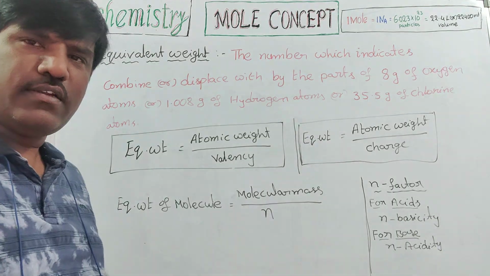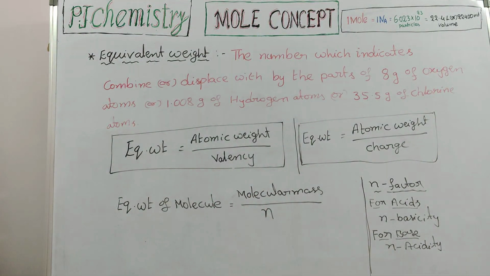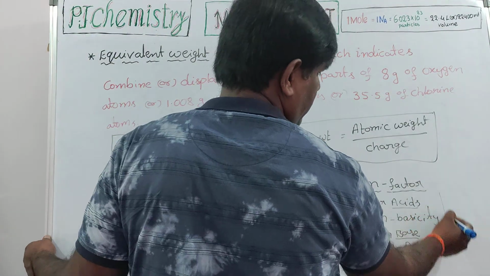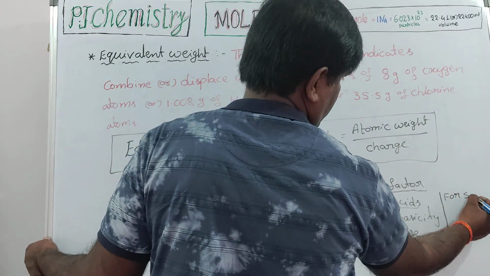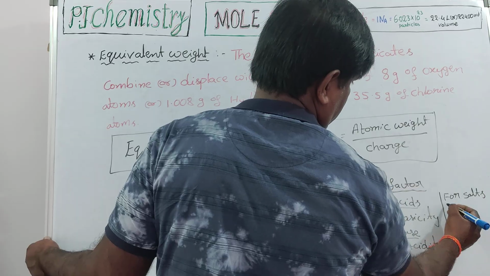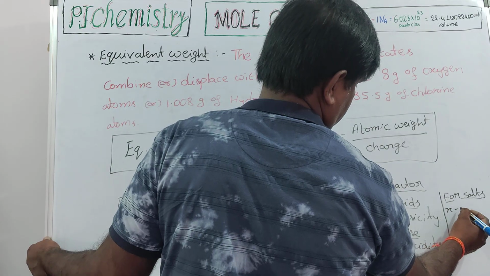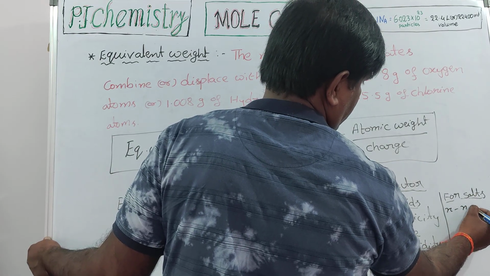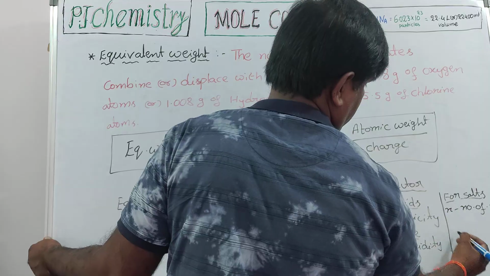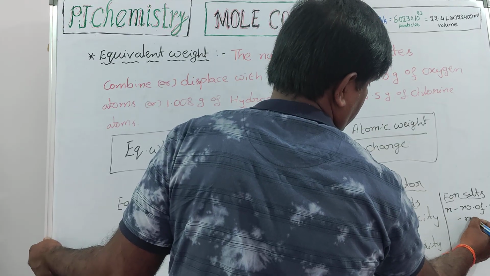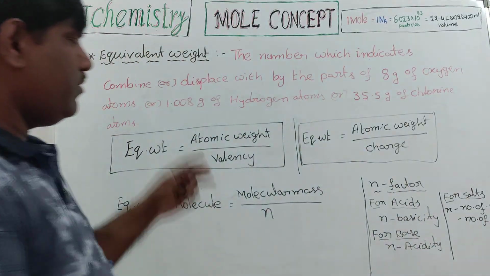If salts are there, at that time the n factor is the number of positive charges or the number of negative charges. Okay, we'll discuss clearly one by one.